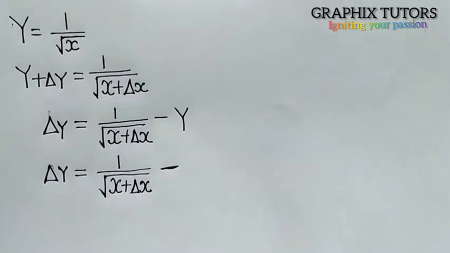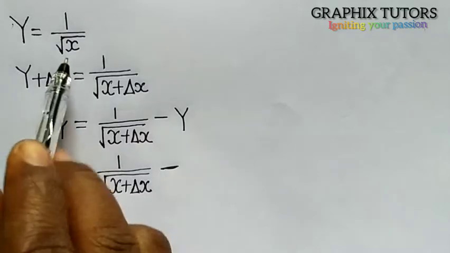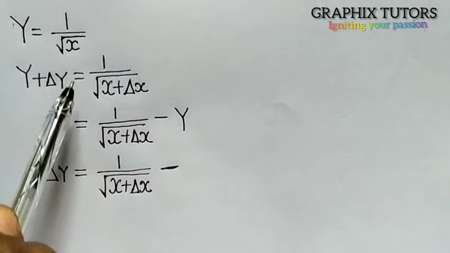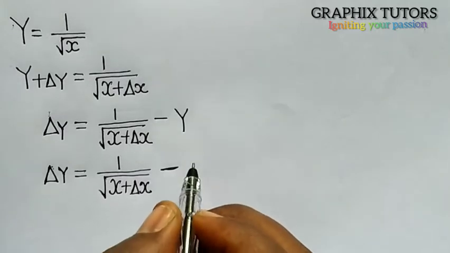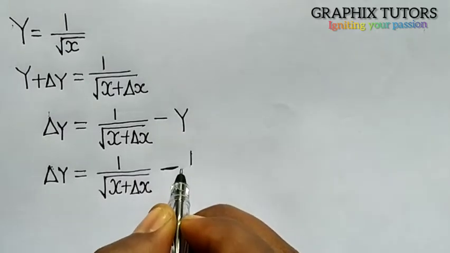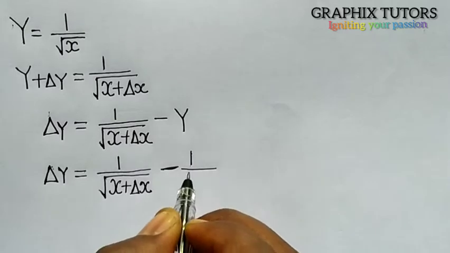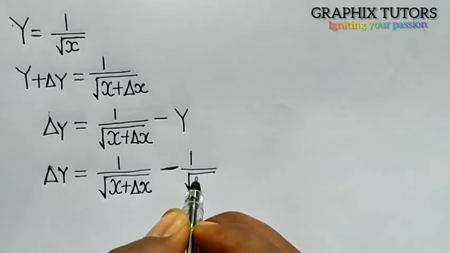Y is equal to what? 1 over what? Root x. So anywhere you see y, you put 1 over root x. So I'm going to replace this my y with 1 all over what? Square root of what? X.